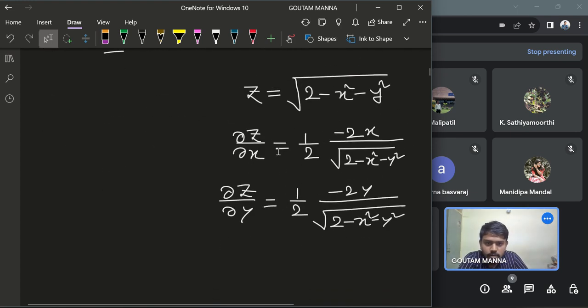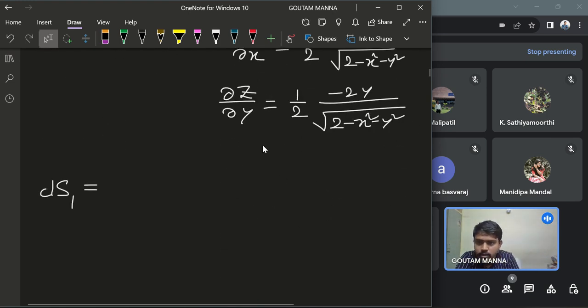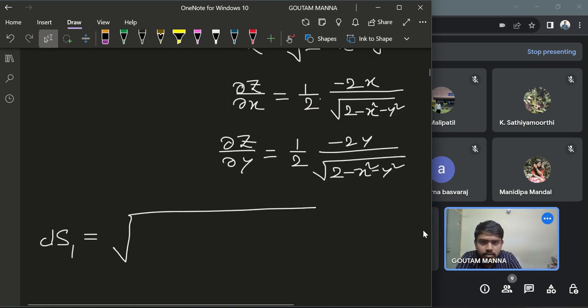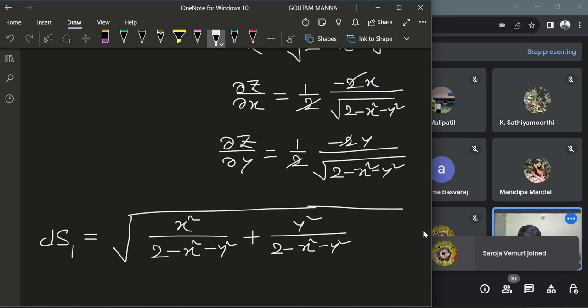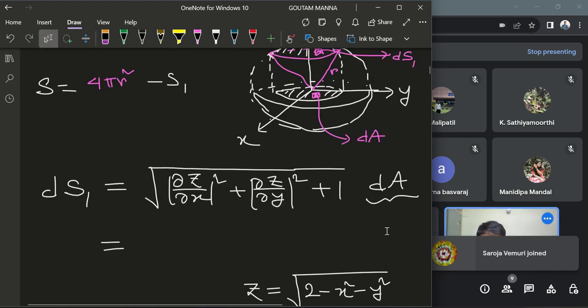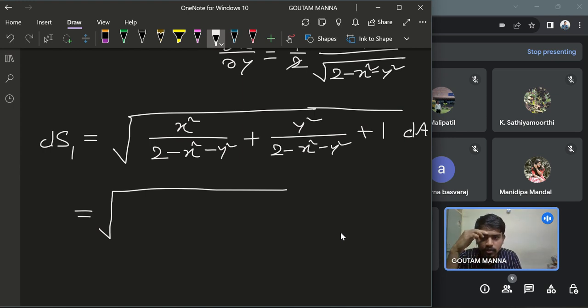Now if I put this del z del x and del z del y, dS1 will be root under, this 2 cancels, so del z del x mod square will be x square by 2 minus x square minus y square, plus del z del y mod square will be y square divided by 2 minus x square minus y square, plus 1, times dA. So dA is the surface element in the xy plane; in Cartesian coordinates it will be dx dy. If I do the addition, it will be root under 2 by 2 minus x square minus y square times dA.